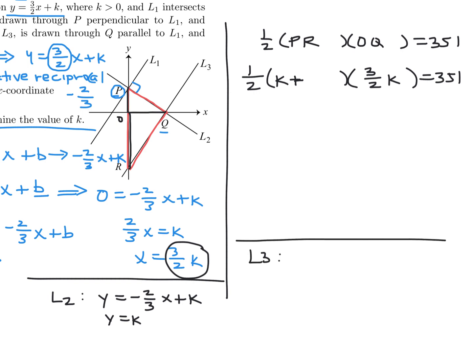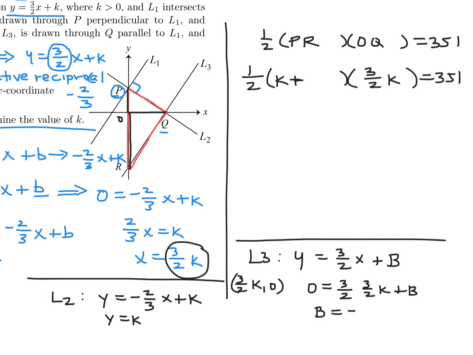Line 3 has the same slope as L1, so y is equal to 3 over 2x plus some b. But it passes through Q. So because it passes through Q, I can substitute in 3 over 2k, 0, that point. So when I do, I get 0 equals 3 over 2k plus b. So solving this, we'll get b is equal to minus 9 over 4k.